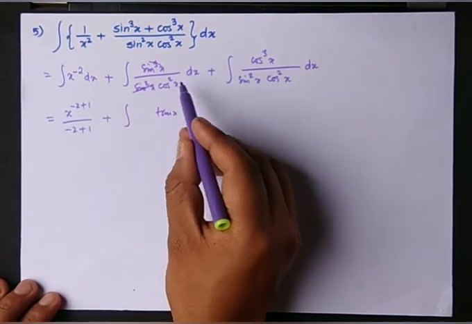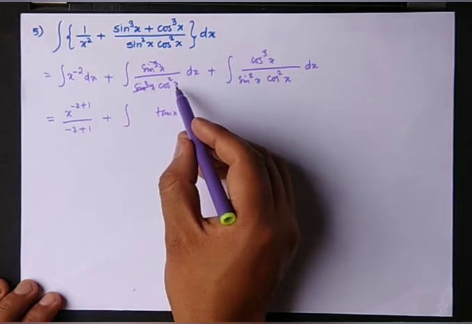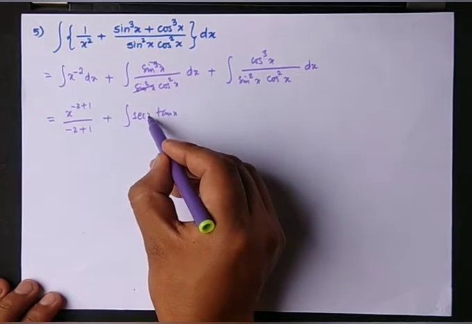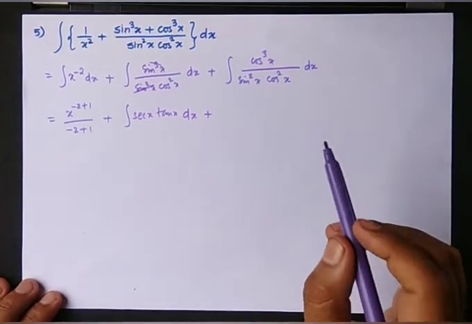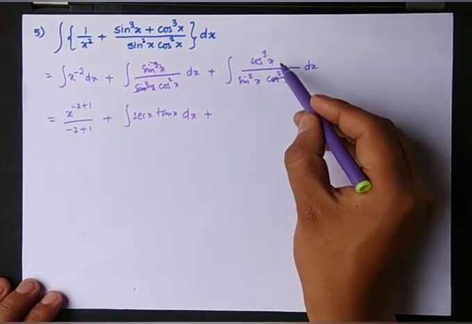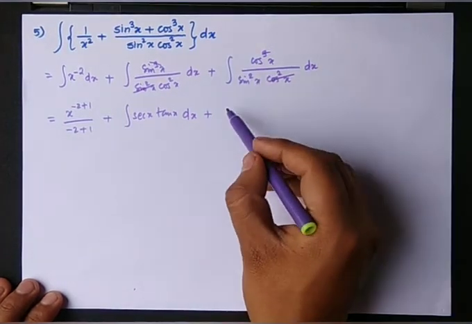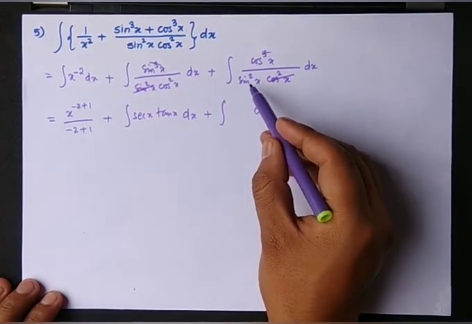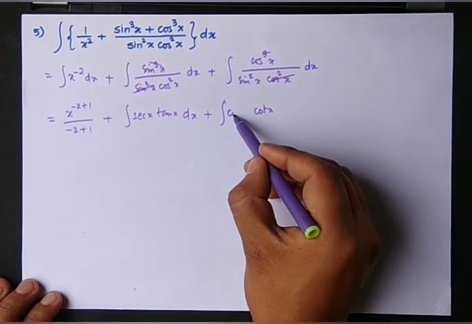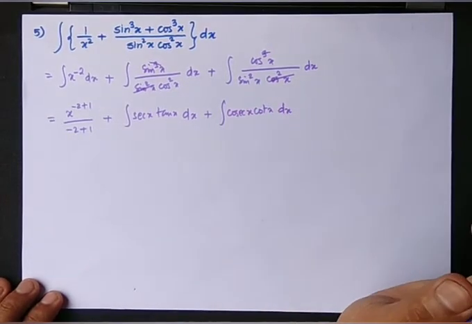And one more cos is left here, and the reciprocal of that cos is going to be sec x. So we have dx plus, similarly, this and this get cancelled. So we have cos by sin giving me cot x. Yes, and one sin x is left, and when it goes to the numerator, it becomes cosec x. So we have this much, right?